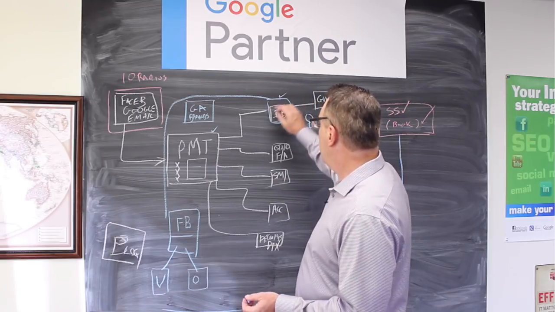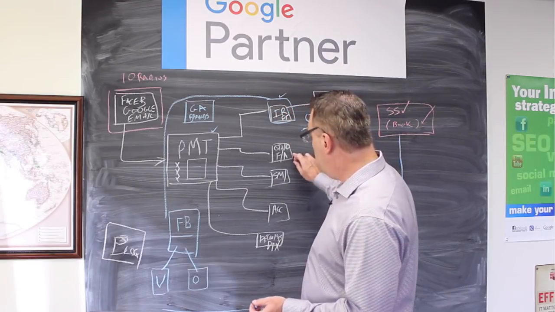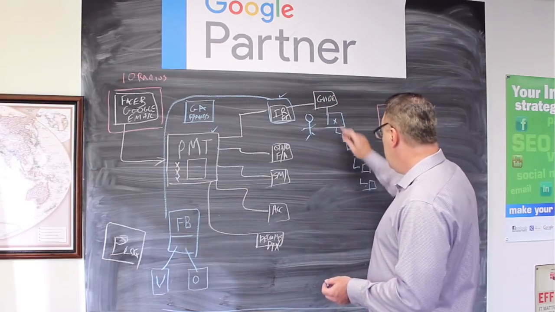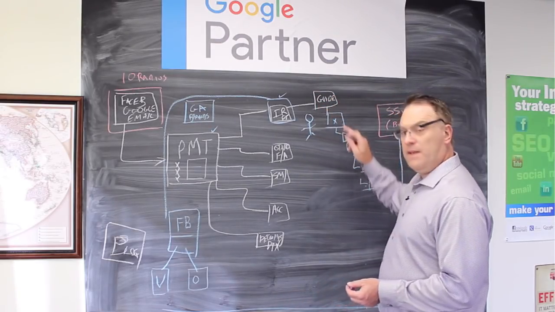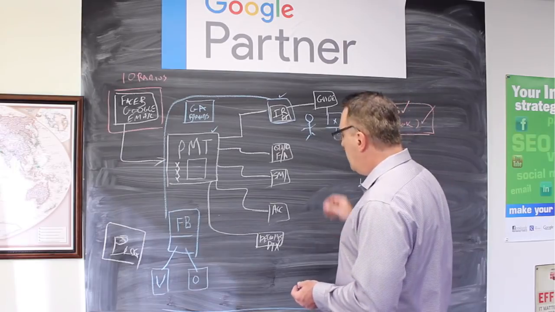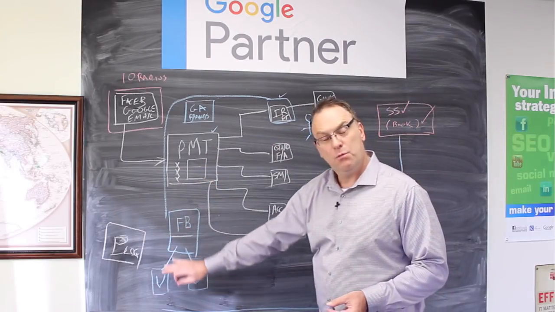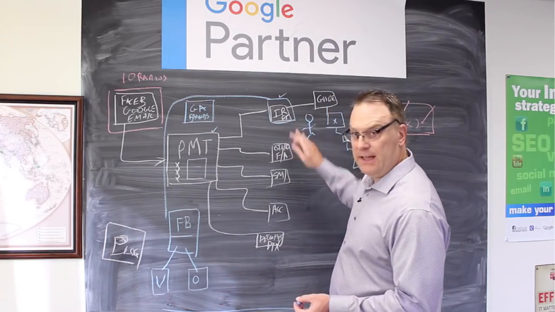Then now we're putting them into a specific page. We're giving them the option to get a guide. We're following up by email once they've given us the email and they've got the guide. And now this whole process works together because now we're retargeting those specific people with exactly what they want.